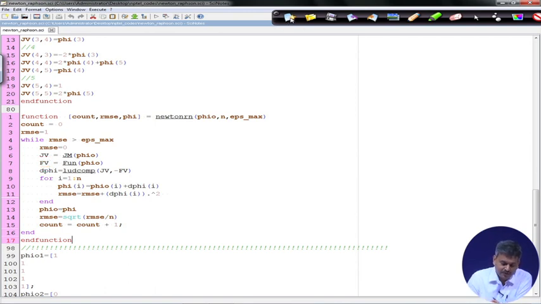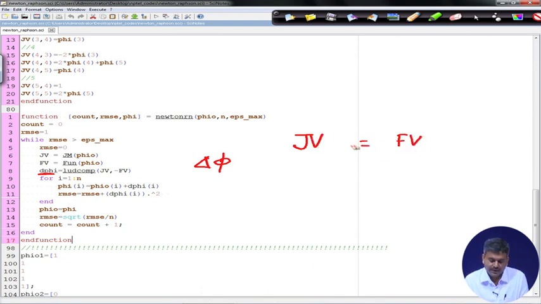So, what is this d phi? First we have calculated the Jacobian matrix, then the function value, JV, FV, and this is our d phi.